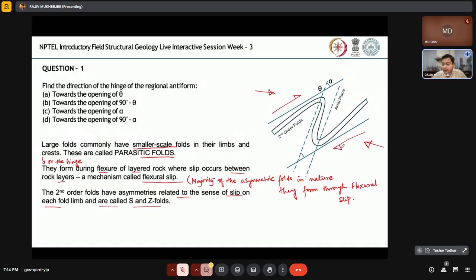And first of all, answering the question, the correct option will be option C, which is towards the opening of alpha. That means in this direction, this will be the probable direction for the hinge line of the regional fold.